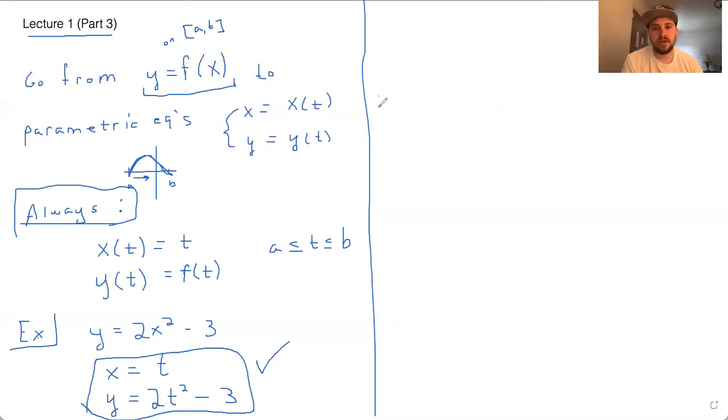So you can define multiple parameterizations of the same curve.